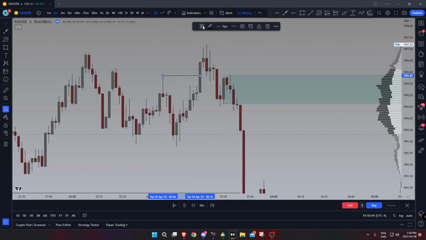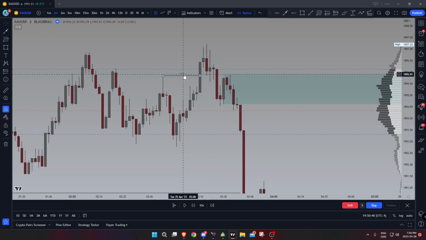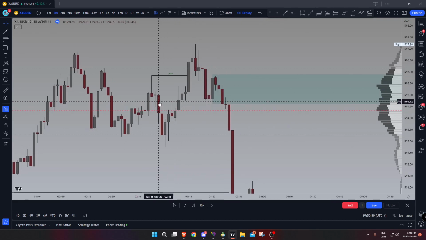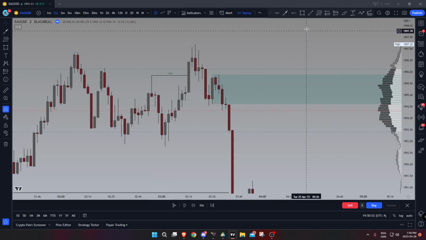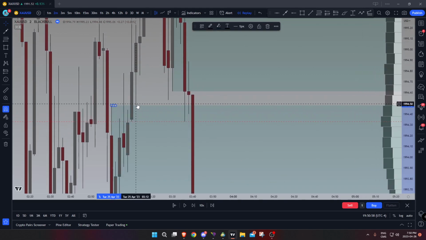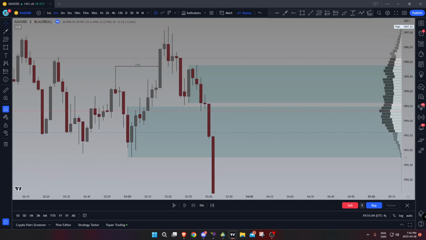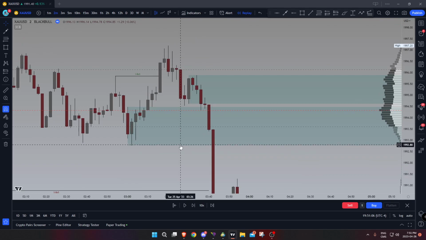We have an internal bullish break of structure, and we do have another block there that for me will be valid. I don't know if this candle got touched, but let's see.